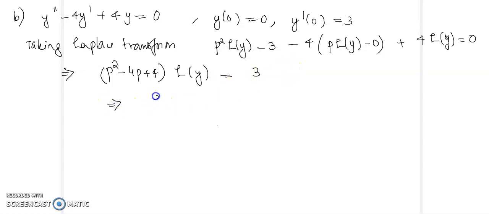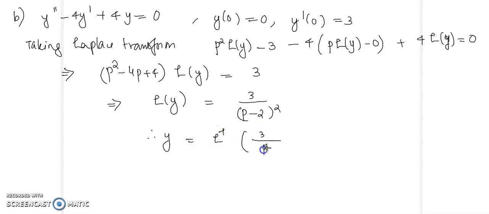So therefore L of y is going to be equal to 3 by p minus 2 whole square. So therefore y will be equal to L inverse of 3 by p minus 2 whole square. Now L inverse of 1 by p square is going to be equal to x.